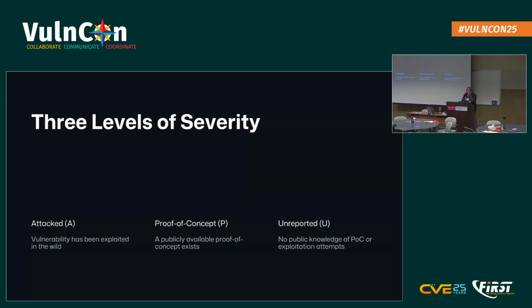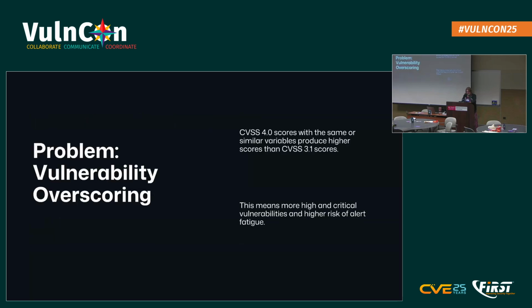What are some of the problems that we could use this metric with its 3 lovely levels for? I am glad you asked. There is a problem with vulnerability overscoring. What some people feel is vulnerability overscoring in CVSS 4.0 compared to CVSS 3.1. That means there are going to be more critical and high vulnerabilities.